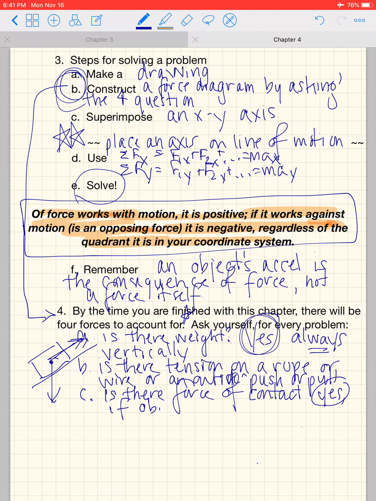If the object is sliding, or rolling, or moving on a rigid surface. If an object is sliding, rolling, or moving, sorry, I need to write that in, or moving on a rigid surface.